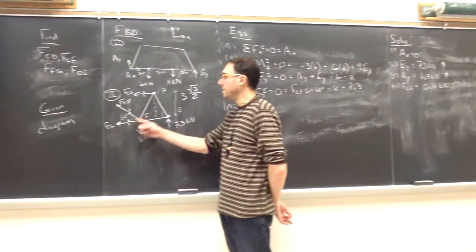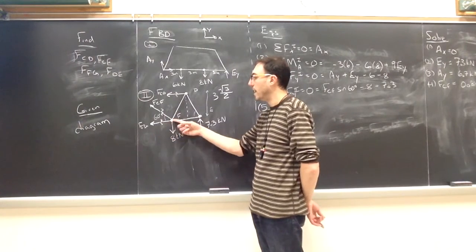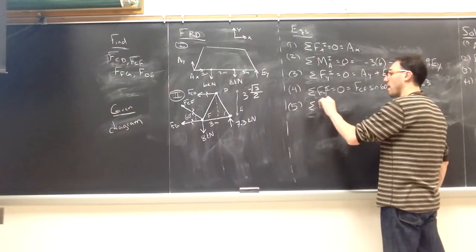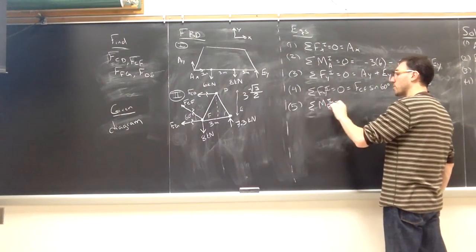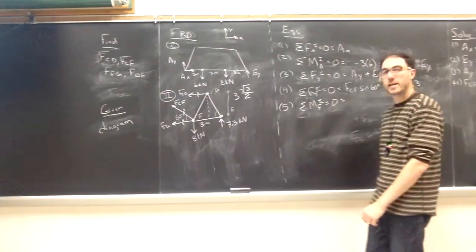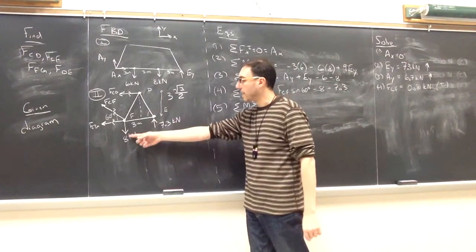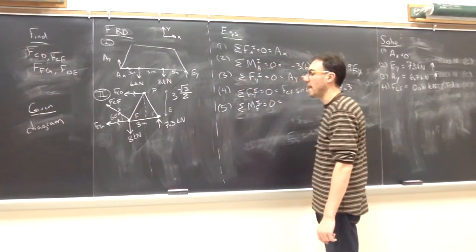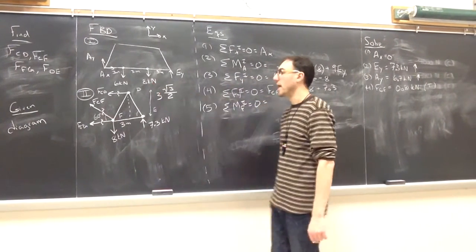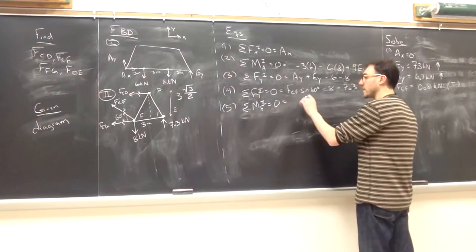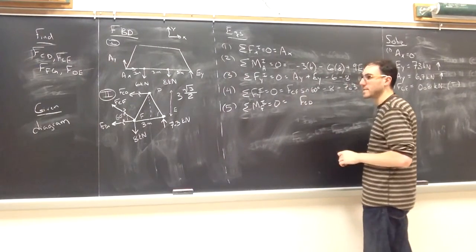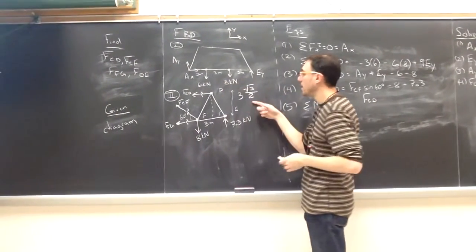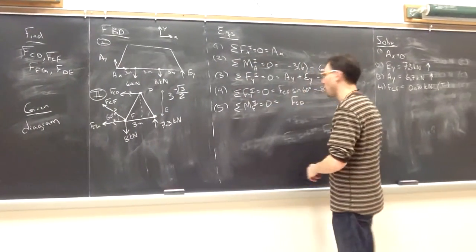Next, again, they all have x components, but since 2 of them emanate from point F, if I take the moments around point F, I'll be able to eliminate 2 of those unknowns, and again be left with only 1. The 8 acts at F, and these 2 forces act at F, so the moments around F will actually only have 2 things that I need to consider. FCD times its perpendicular distance to point F, which will be this height. That'll be the 3 root 3 over 2, or its decimal equivalent.